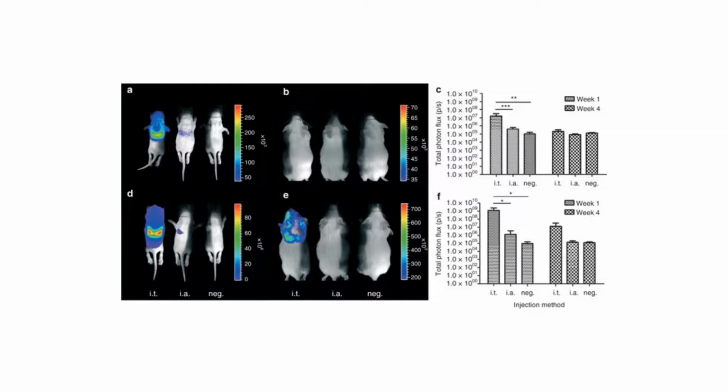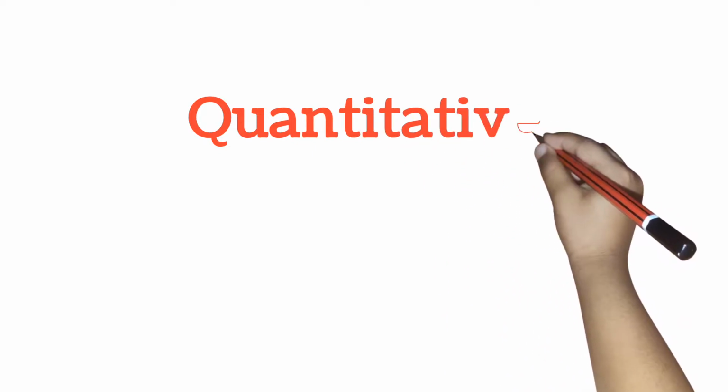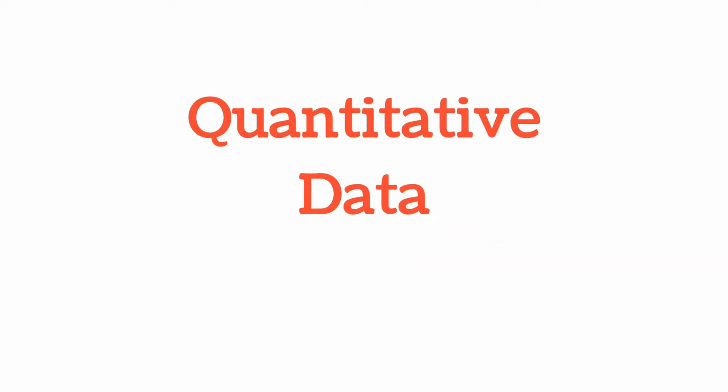You can see this in the software settings, and then you can quantify the data, how much is the photon flux for each group and each animal. So this is how you can count it, or the other option is in terms of fluorescence intensity. This is how you can also show your data. So these are the two ways you can show your quantitative data.